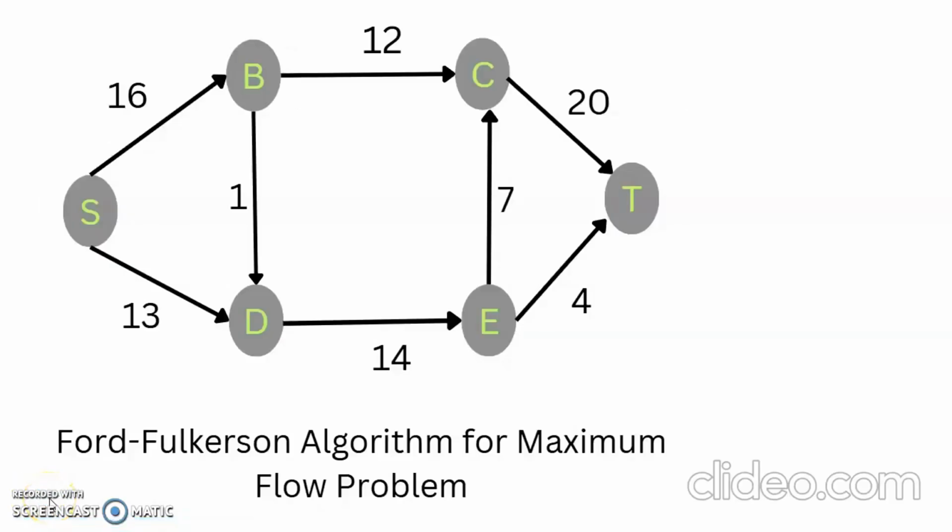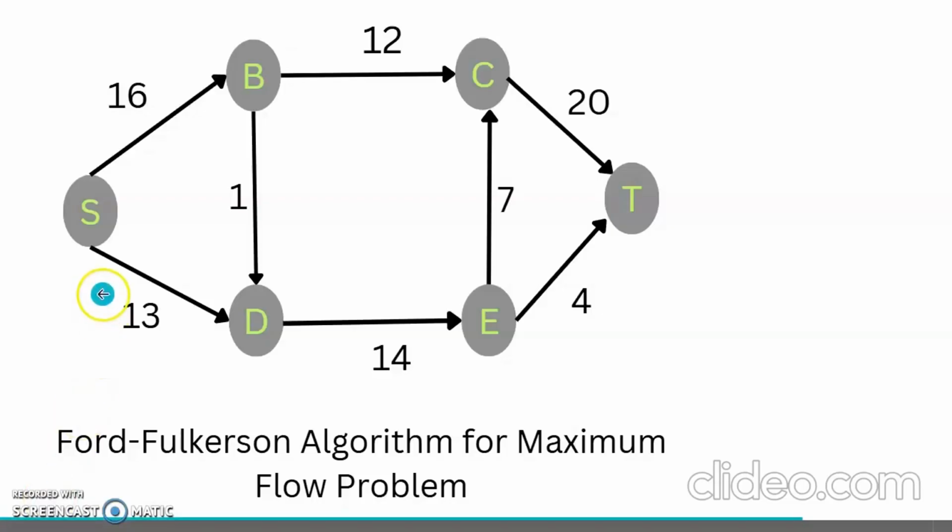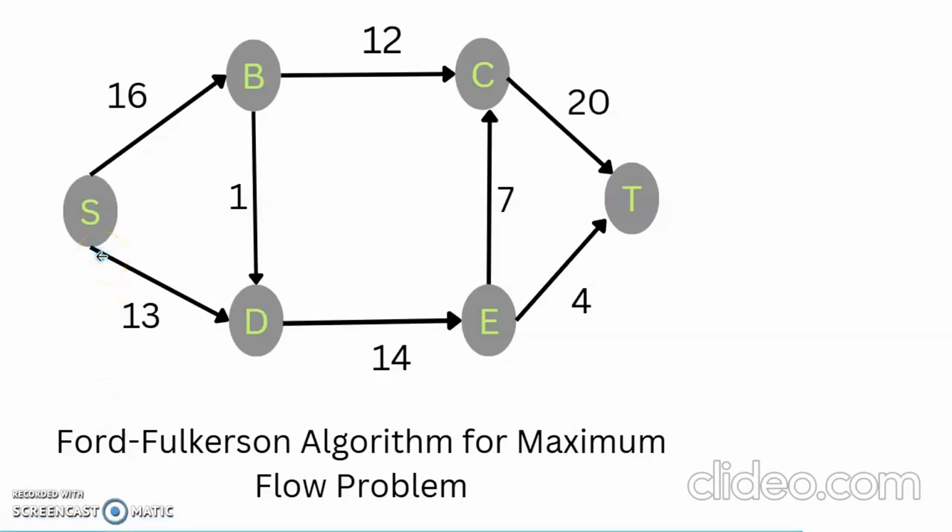Let us see the example for the Ford Fulkerson algorithm for the maximum flow problem. In this network, S is identified as the source node and T is called the sink node, and the other nodes are B, C, D, E. Now the problem is we want to find the maximum flow from S to T. You can understand these edges as pipes.